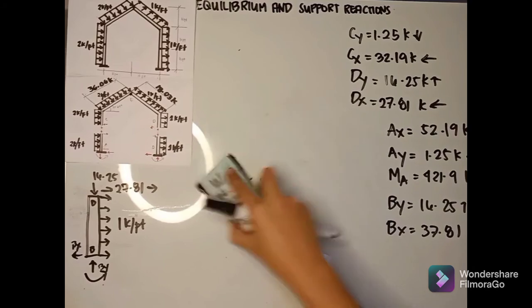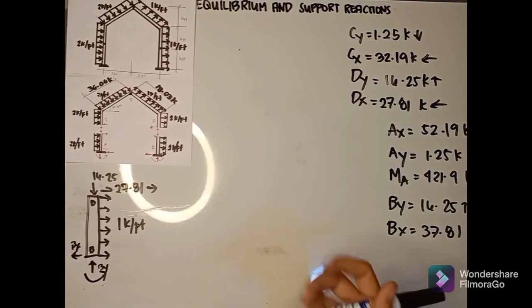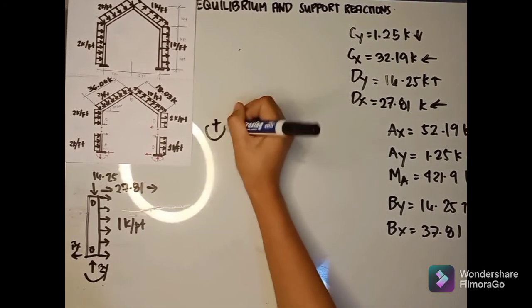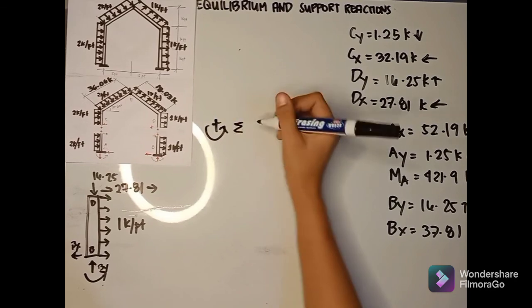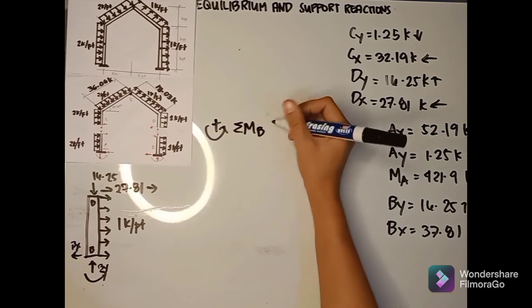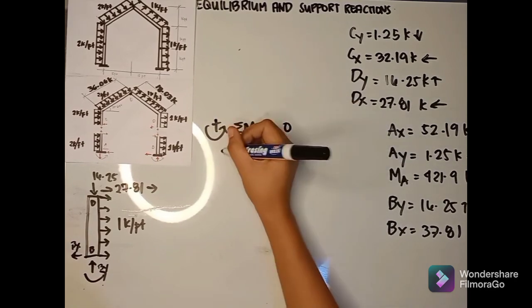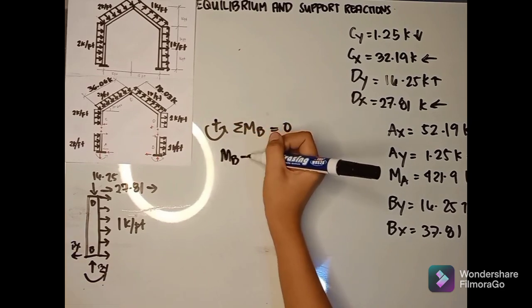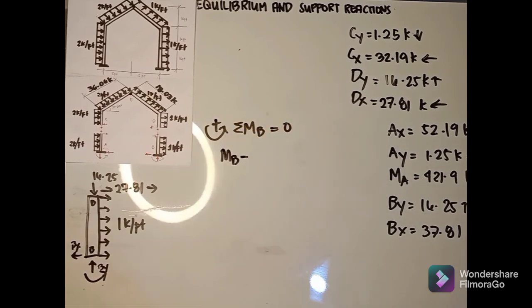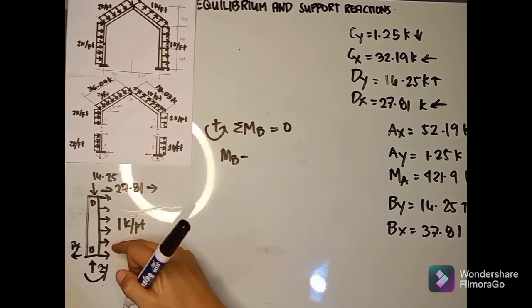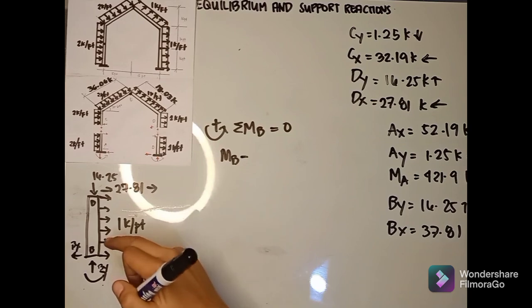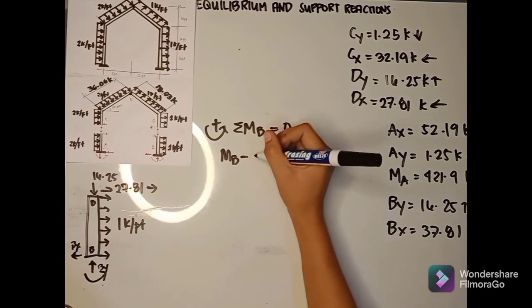Lastly, let's find the moment at B. Okay. Counterclockwise is positive. Summation of moment B is equals to 0. Okay. Moment at B minus, okay. The rotation of this uniformly distributed load is clockwise, so it is negative.